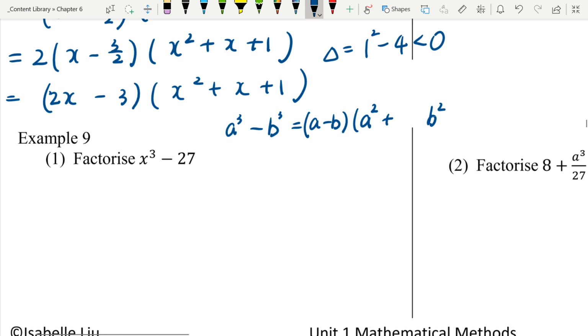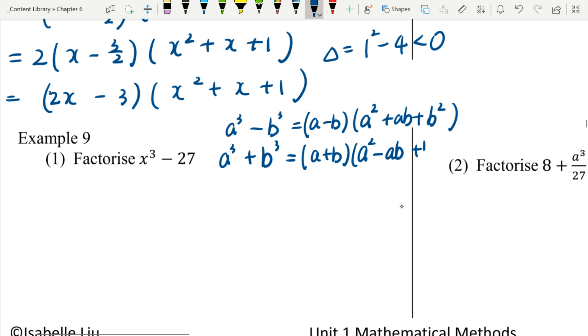B squared is here, and then the sign here. What's that? No. A plus b, minus ab and plus b squared.